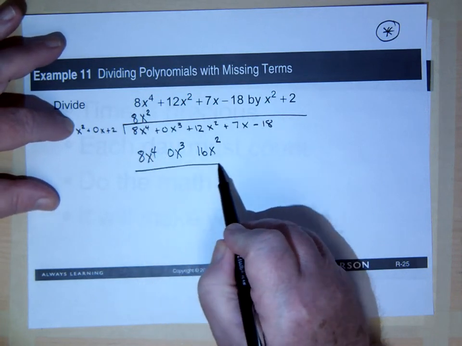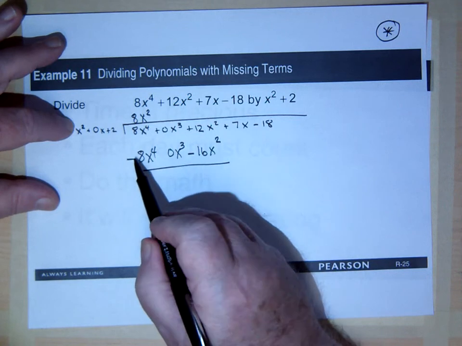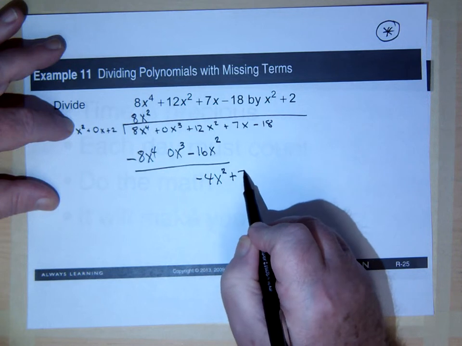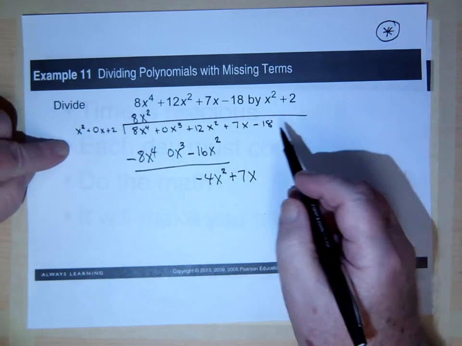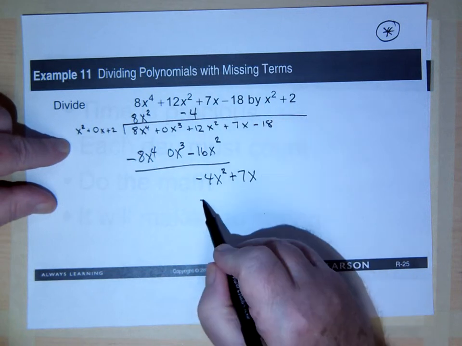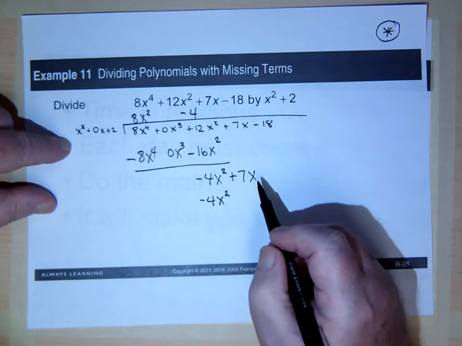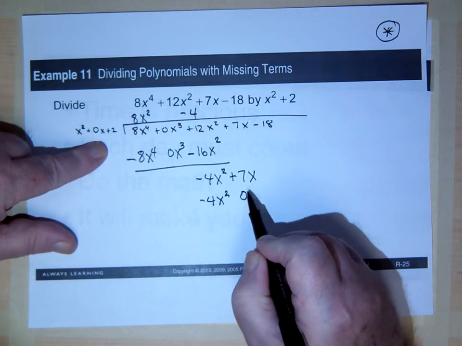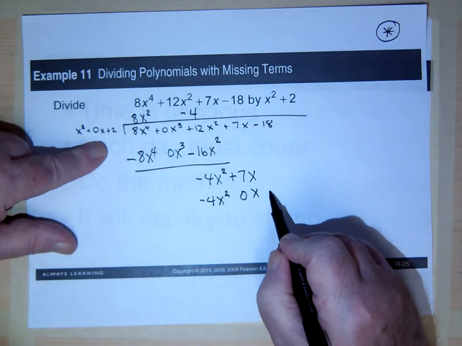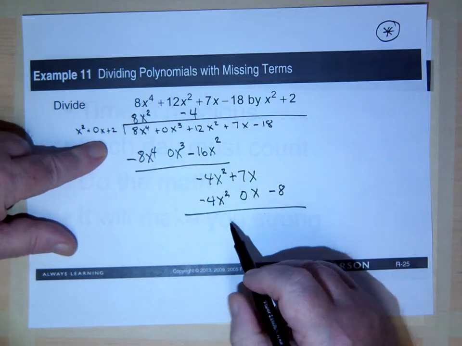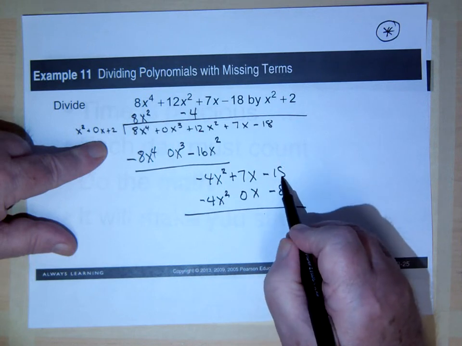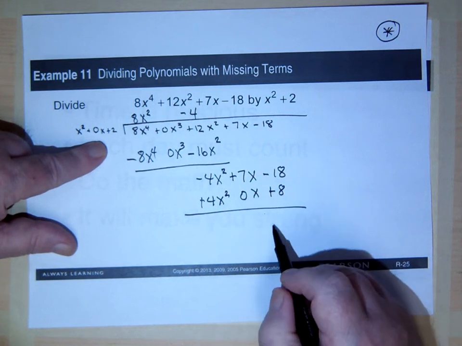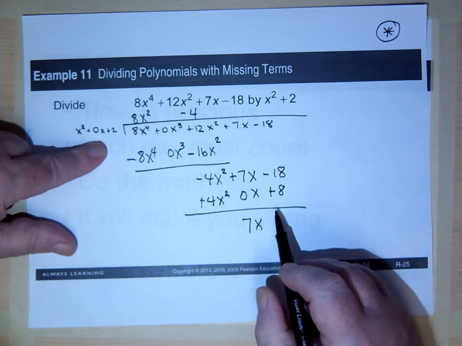We subtract, that means we change the signs of the bottom numbers and add. And this will go in here minus 4 times. And that will be 0x, and that will be minus 8. We now will subtract, so we'll change the signs in the bottom numbers and add, and we will get 7x minus 10.